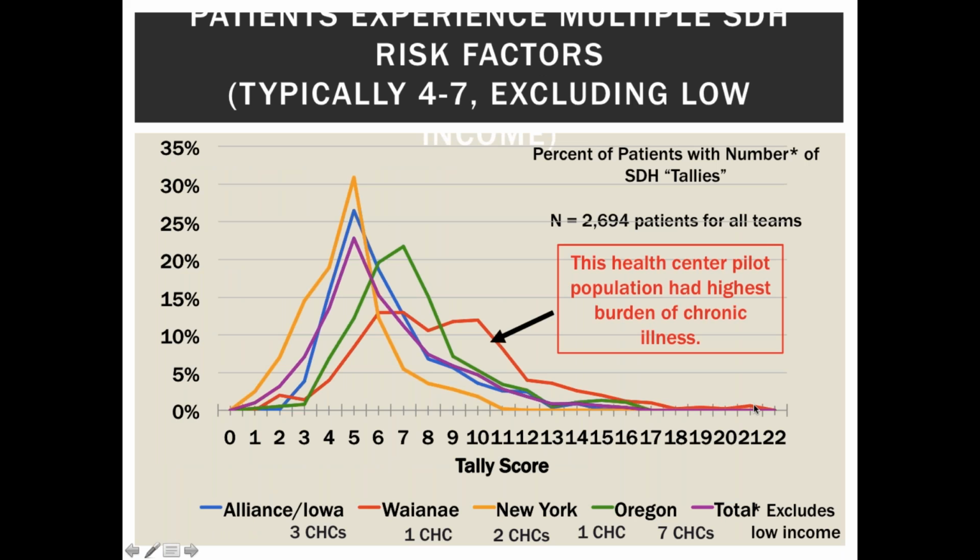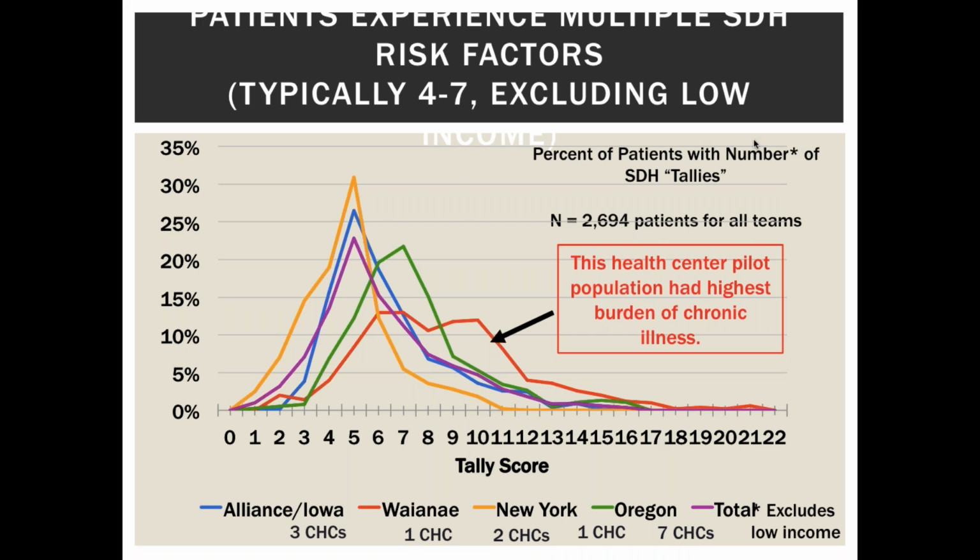This is a tally slide about patients experiencing multiple social determinants of health risk factors all at once. It's about four to seven, not including low income, because we know that health center patients are typically underserved and low income. So what we really saw was four to seven.